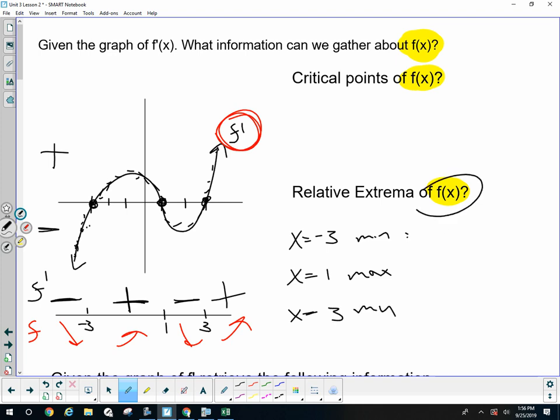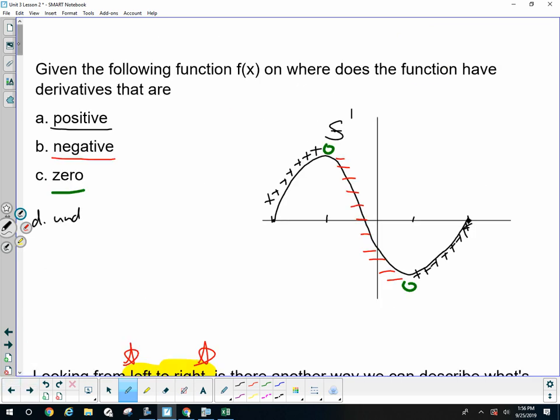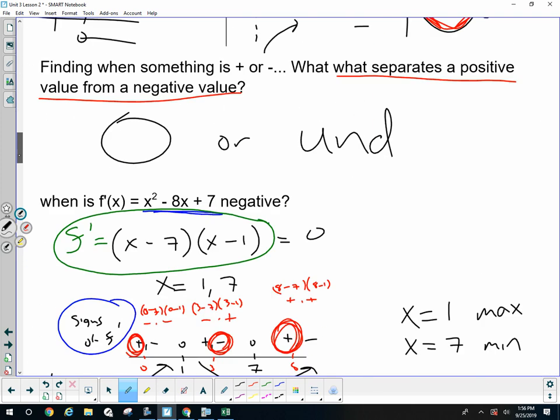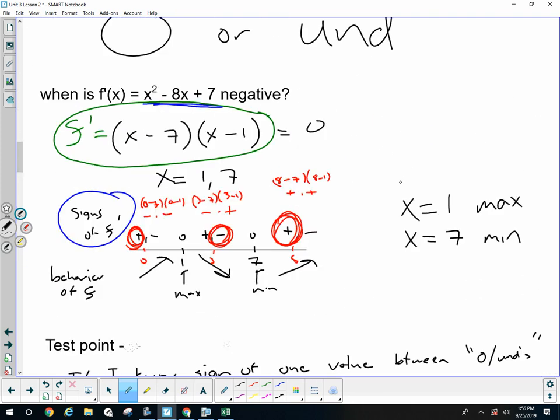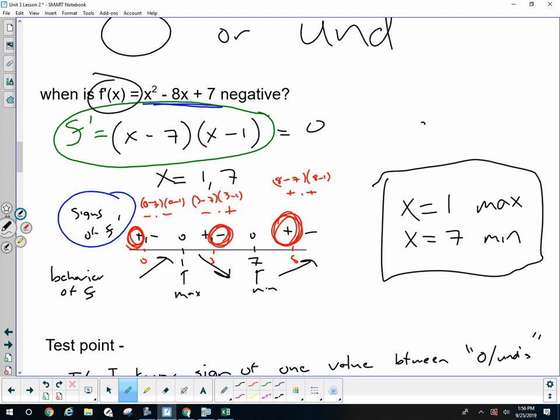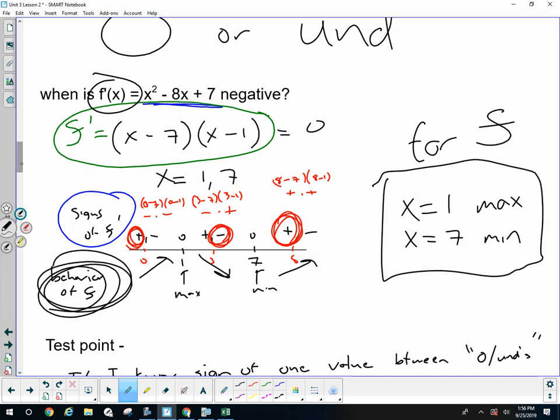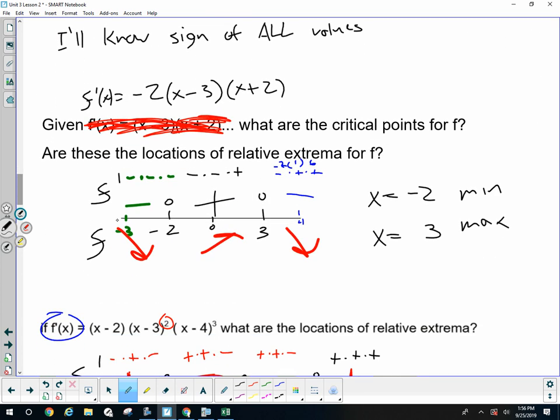For F, and that's what we've been doing all along, analyzing F prime to talk about the maxes and mins for F. The critical points are at those 3 locations where we have these zeros. Let me just make sure we go back. For all these questions where I gave you F prime, I forgot to say we had a max and a min, not for F prime, but for F. Given F prime, we find maxes and mins for F.